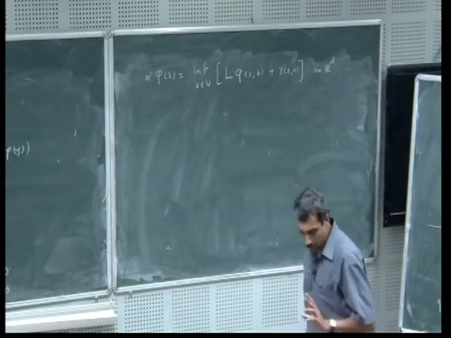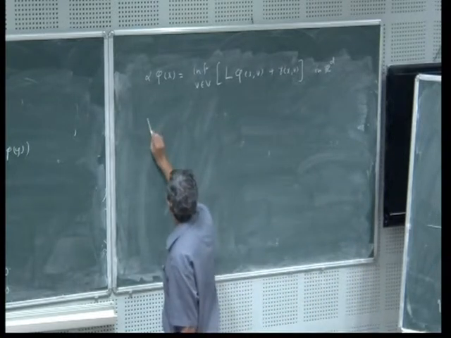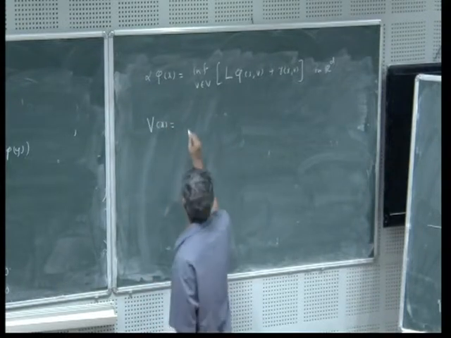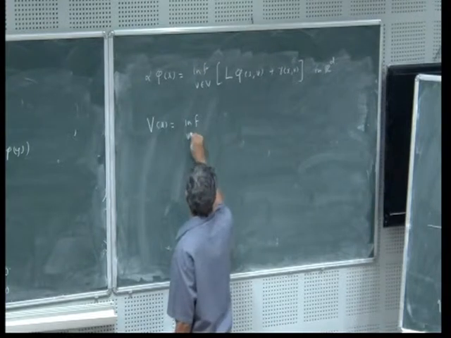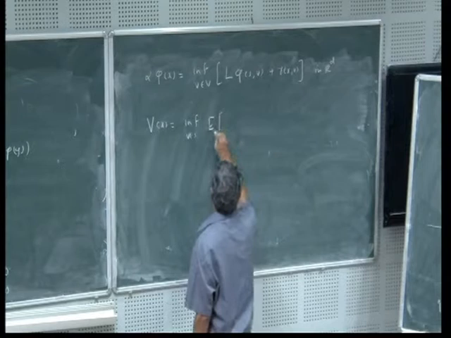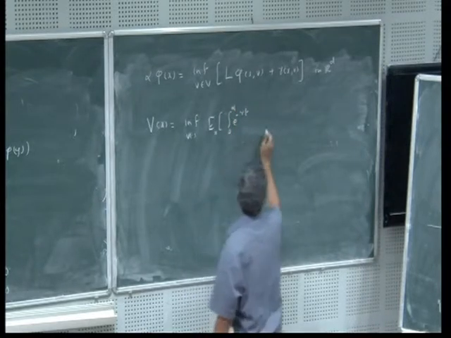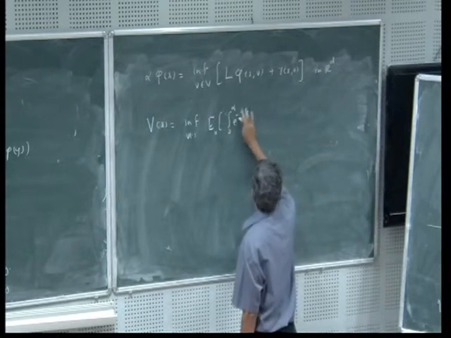Okay, so I will tell you the approach I am going to take. First I will define the value function, which is the infimum over all controls of the values of the cost, with discount alpha.